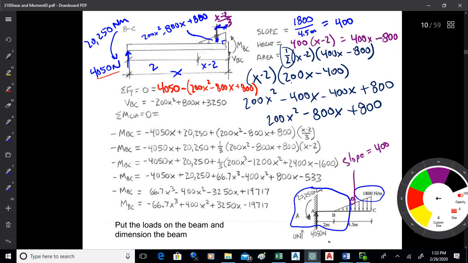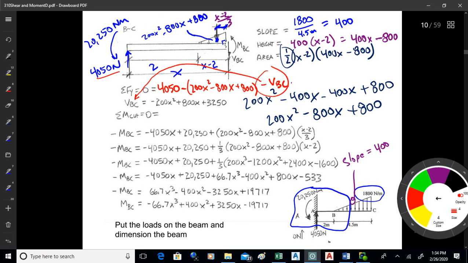And then I've got minus the shear from B to C. Now I've got a negative VBC there, so I can take that to this side of the equation and it'll become positive.